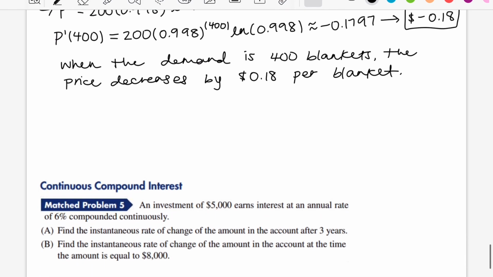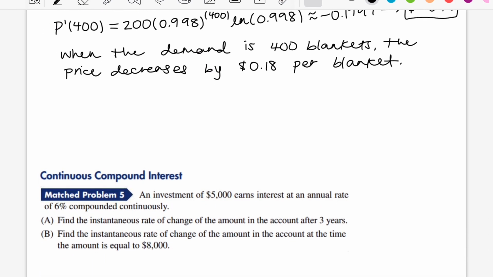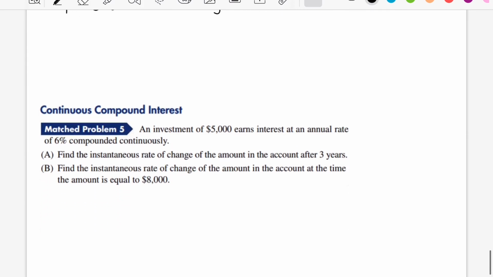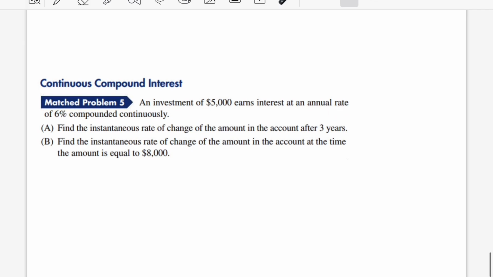Now, the last example we're going to look at is one with continuous compound interest. So we're told that an investment of $5,000 earns interest at an annual rate of 6% and it's compounded continuously. And so we want to find the instantaneous rate of change of the amount in the account after 3 years.